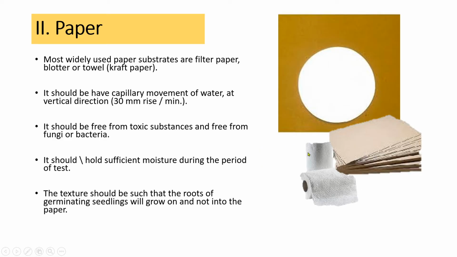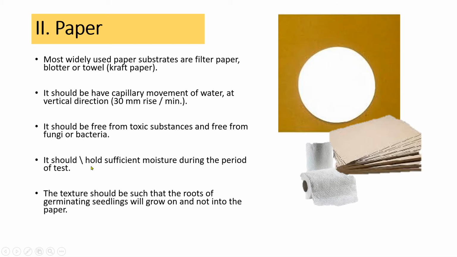Most of this filter paper comes sterilized, so you can use it directly. If it is not sterilized, it is usually not contaminated by those pathogens which can infect the seed germination, so you can use it directly.